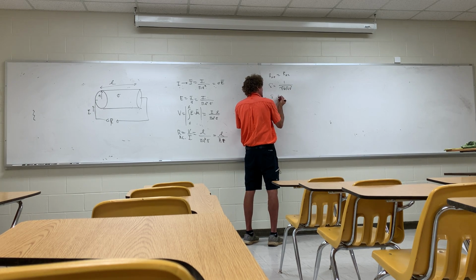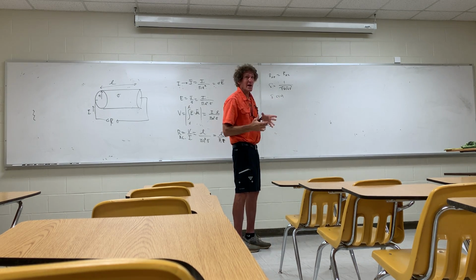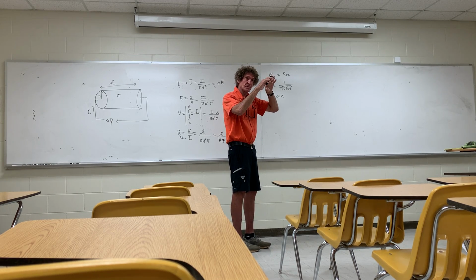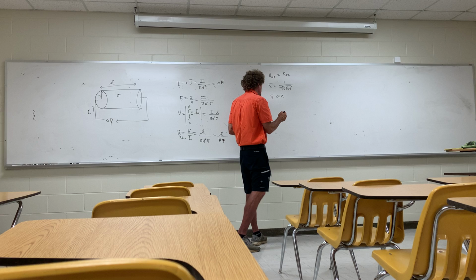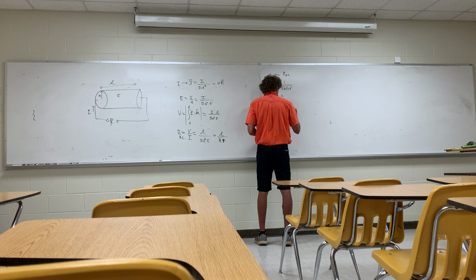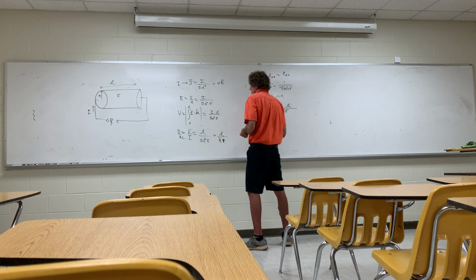And if the skin depth is much less than A, in other words, the radius is a lot bigger than the skin depth, then the surface of the wire is where all the current's going to be. There's nothing going to be internal really. And now you can find that R_AC is still going to be proportional to the length, inversely proportional to sigma.